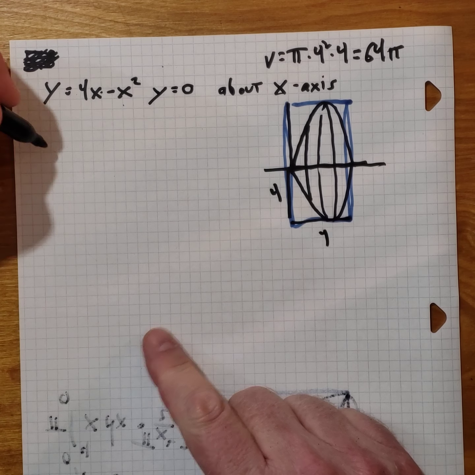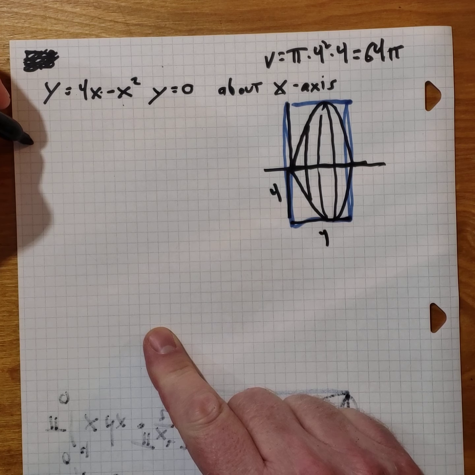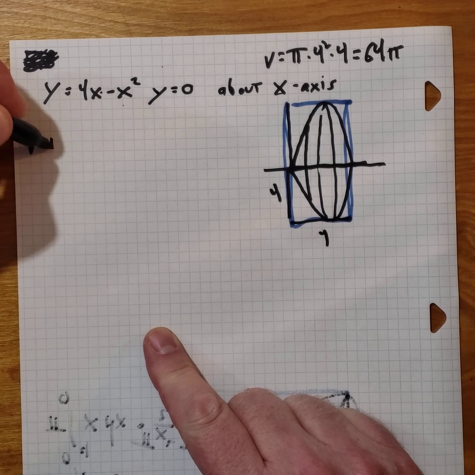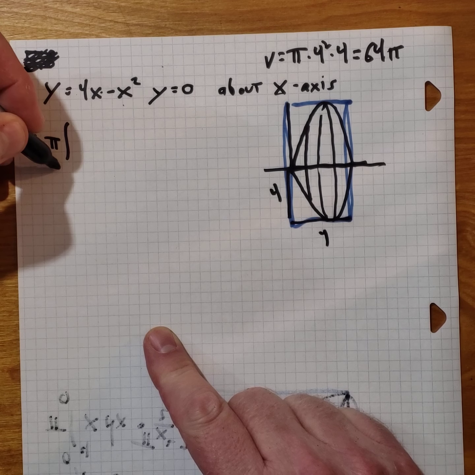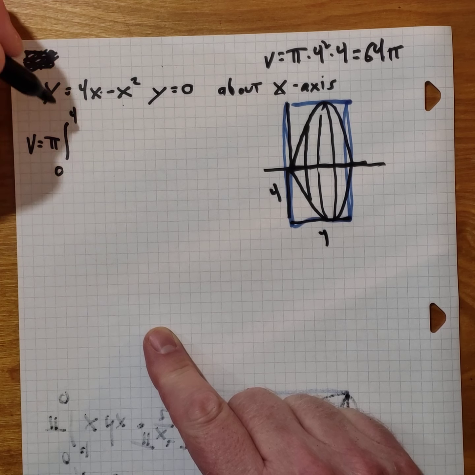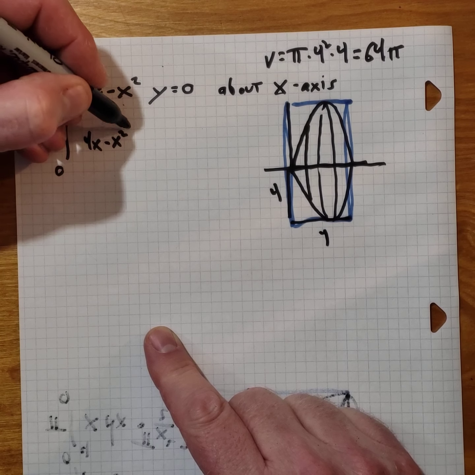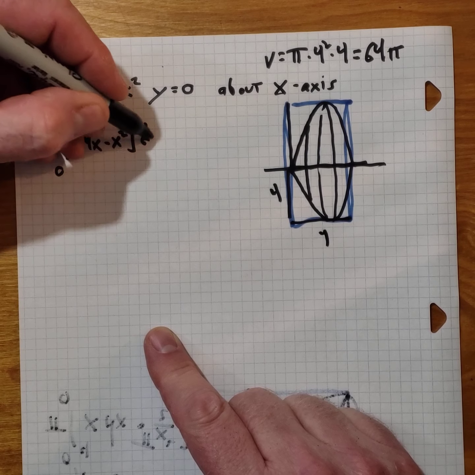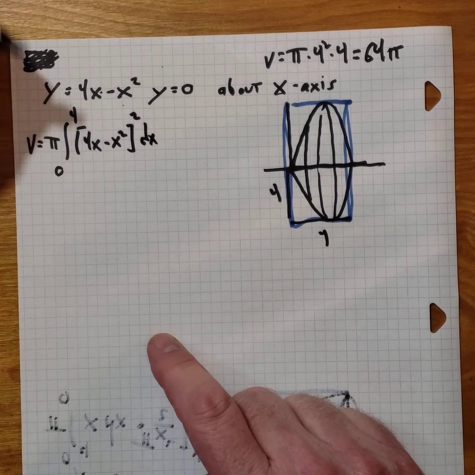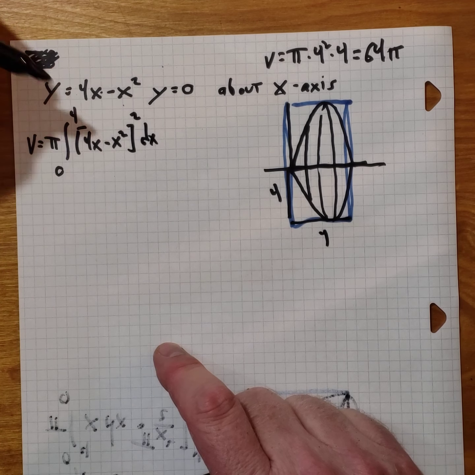Well, let's set this up. The volume is going to be pi times the integral from 0 to 4 of the function 4x minus x squared, dx, but the function itself squared, right? The function squared dx.